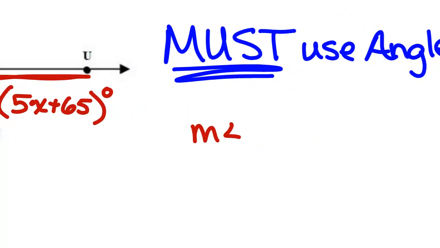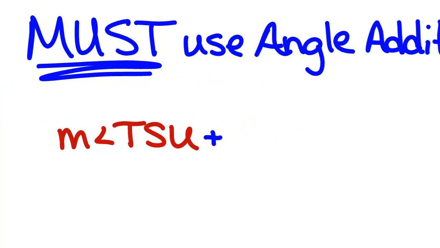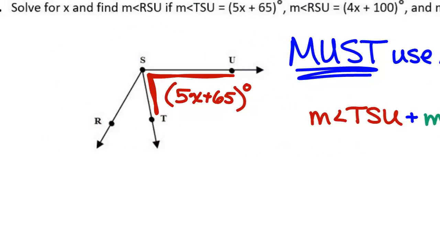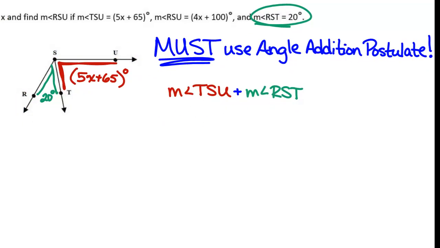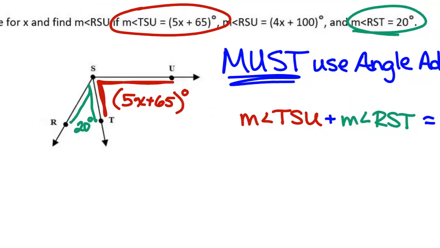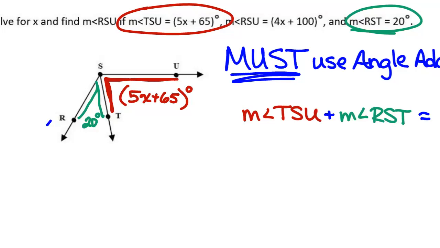RST, so the measurement of angle TSU together with the measurement of angle RST. How big is angle RST? That one's 20 degrees. That came from over here. Here's TSU. When we add those two angles together, it gives us what larger angle? RSU.